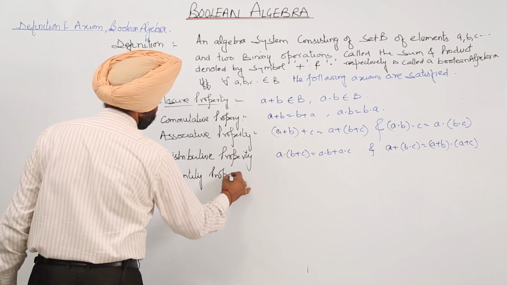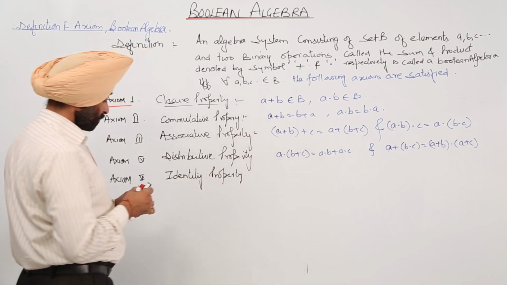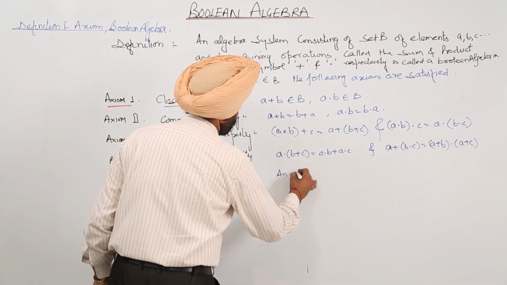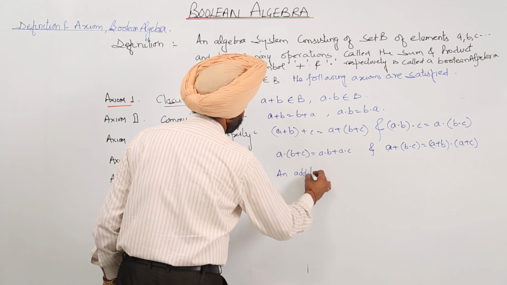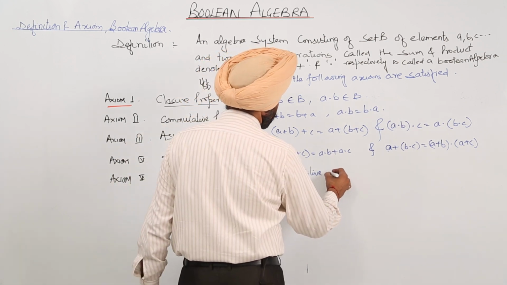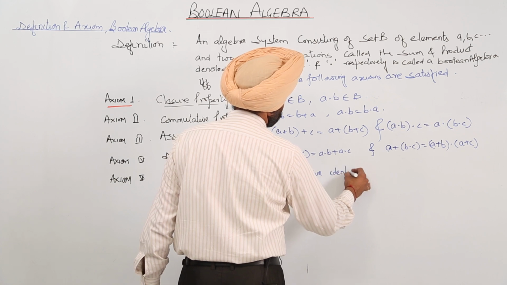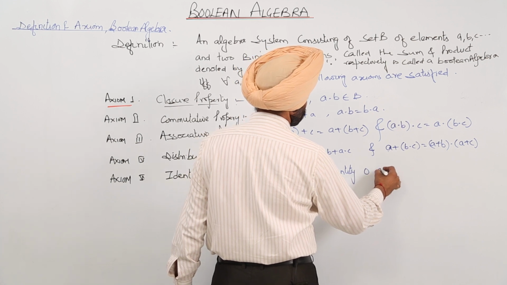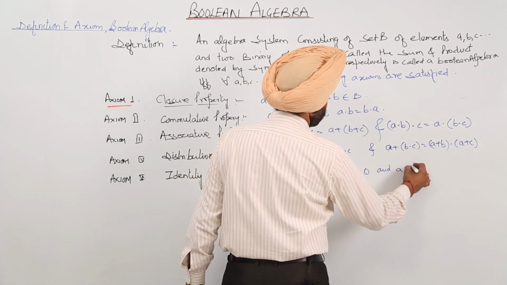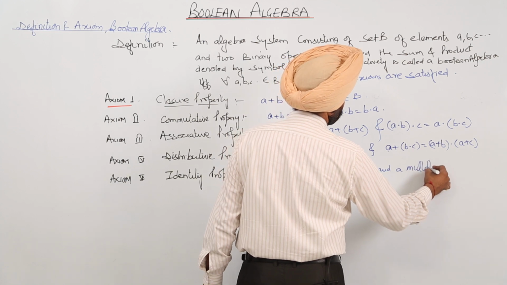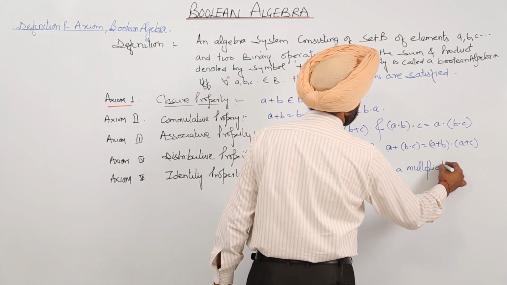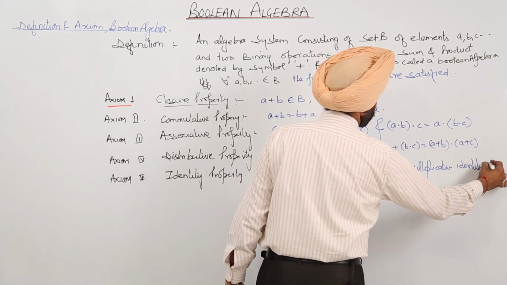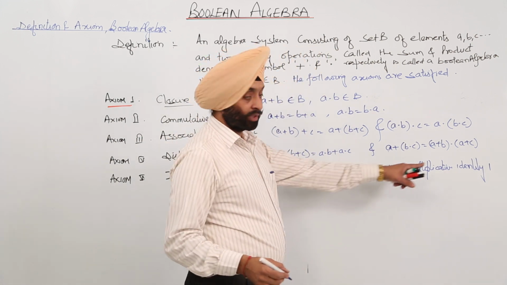Now, after distributive, we have the identity property. Now, what does this mean? Here an additive identity 0 and a multiplicative identity, that is 1. This is 0, that is 1. Okay.